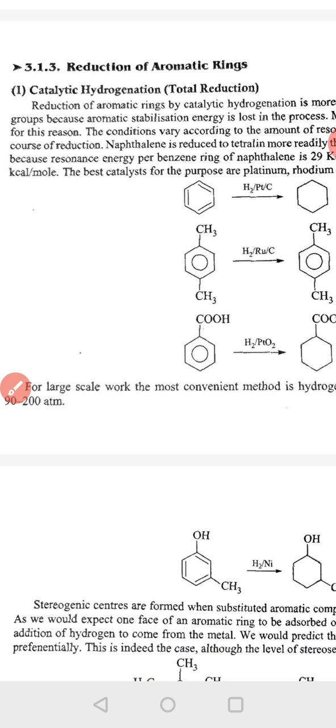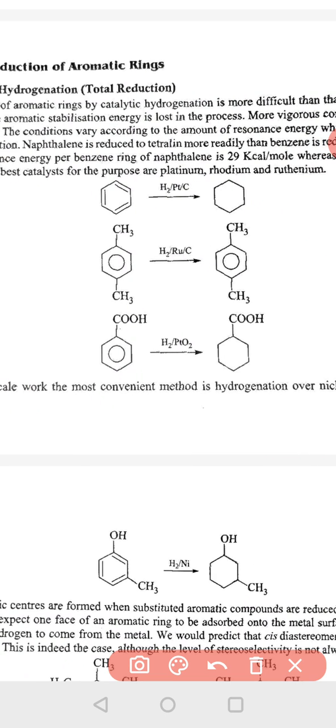These are some of the examples of total reduction of aromatic rings. Benzene is reduced to cyclohexane. This ortho-dimethyl benzene is totally reduced.